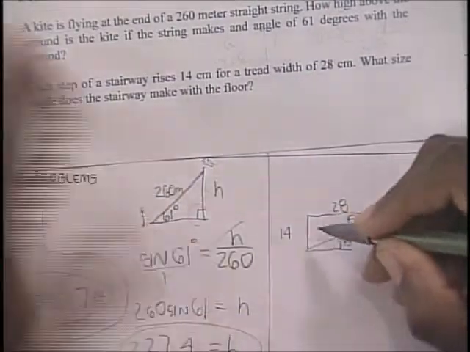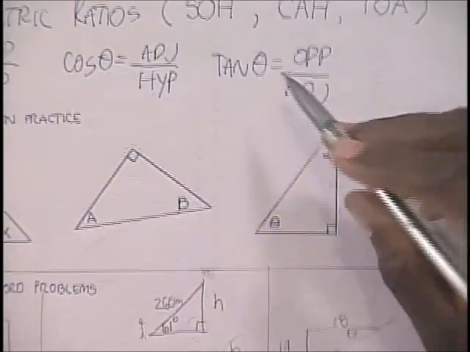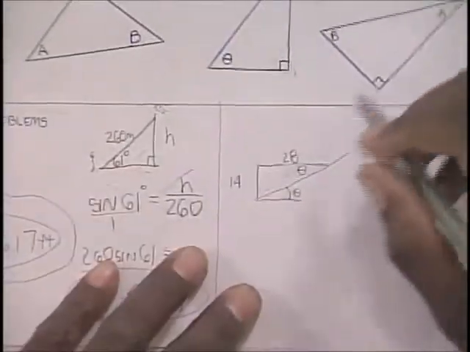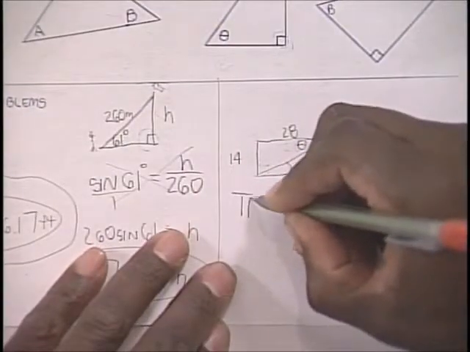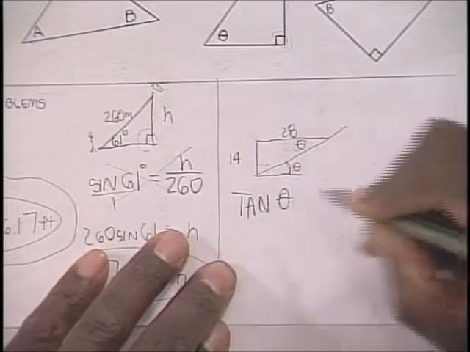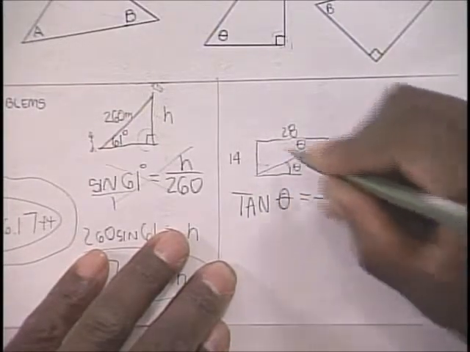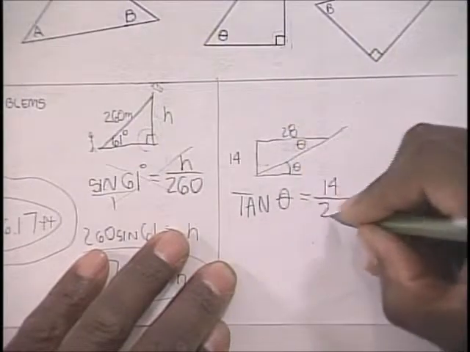When you have an opposite side and the adjacent side, you got to use a tangent trig function. So we're going to use the tangent of the unknown angle, and again, I want to make it clear the angle is unknown here, is equal to the opposite side of 14 over the adjacent side, which is 28.